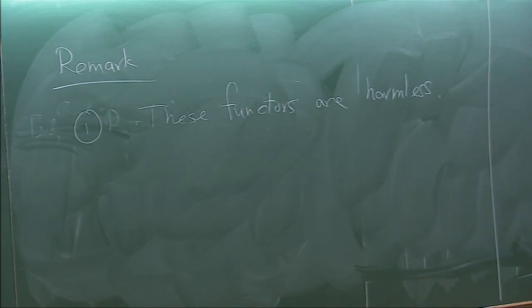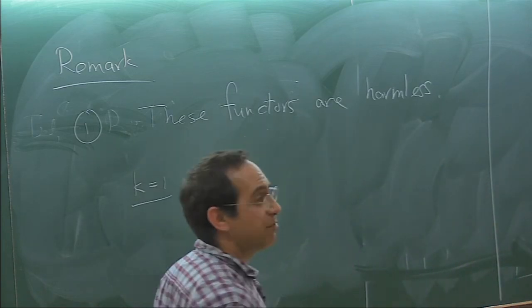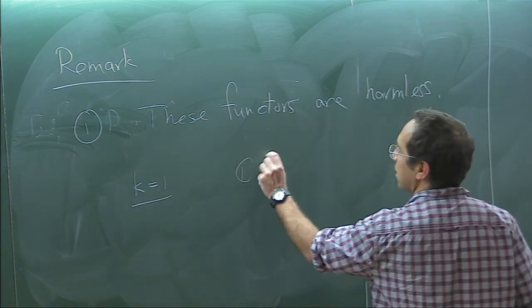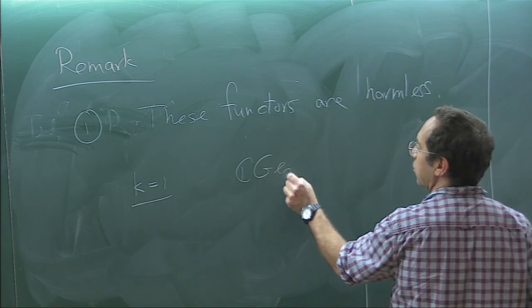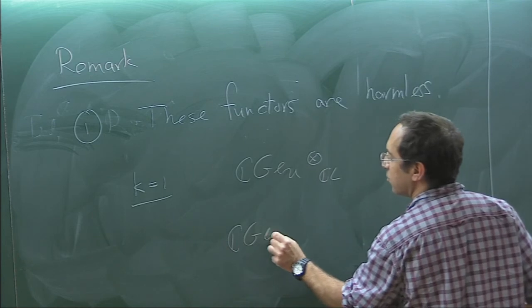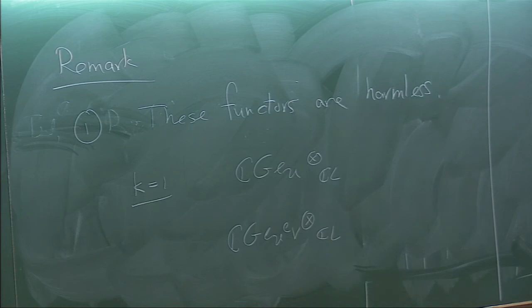What I mean is that if K is 1, we now have two competing definitions of the representation theory of GL_n(F_p): the original Harish-Chandra definition by tensoring with C[G/U], and the new definition that says we tensor with this group. And we certainly don't want to touch Harish-Chandra. There's no way. Nobody is suggesting this.